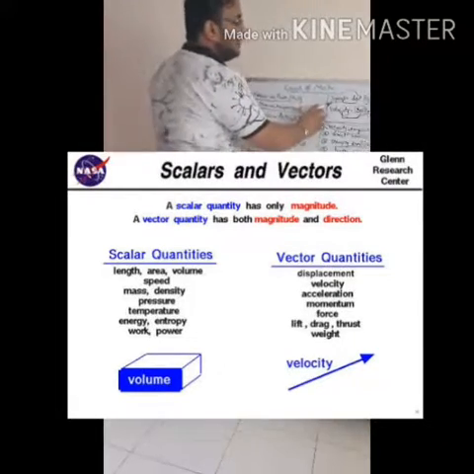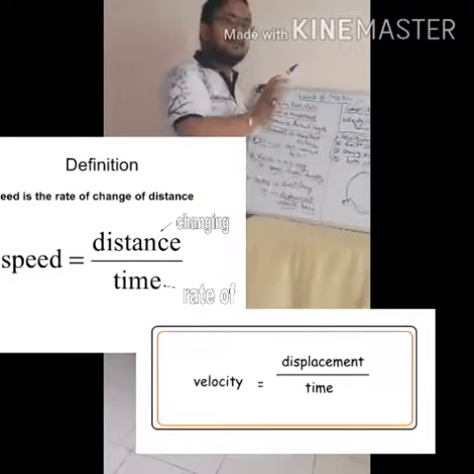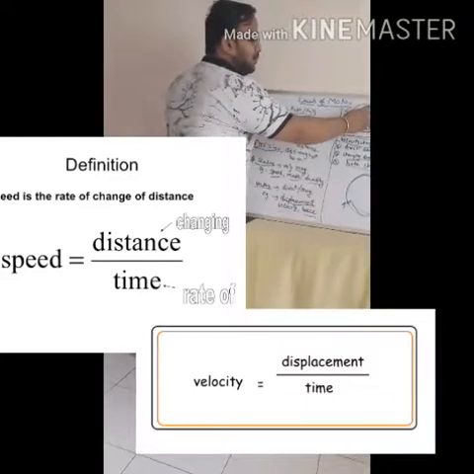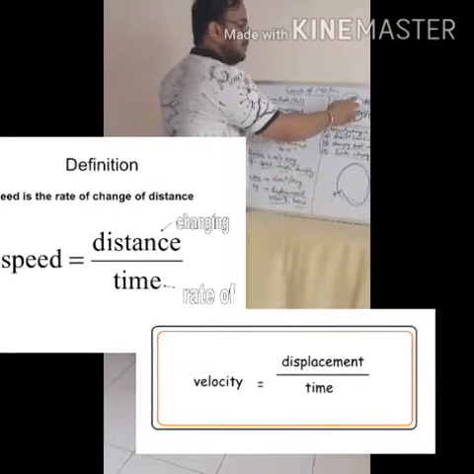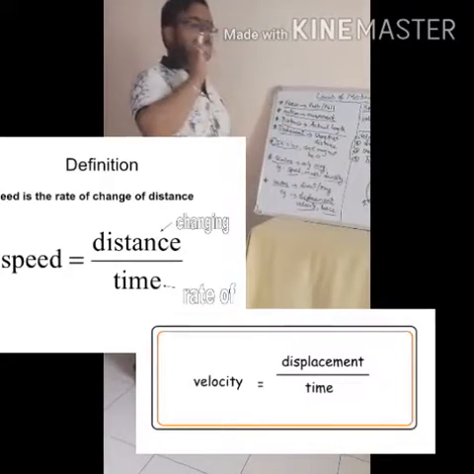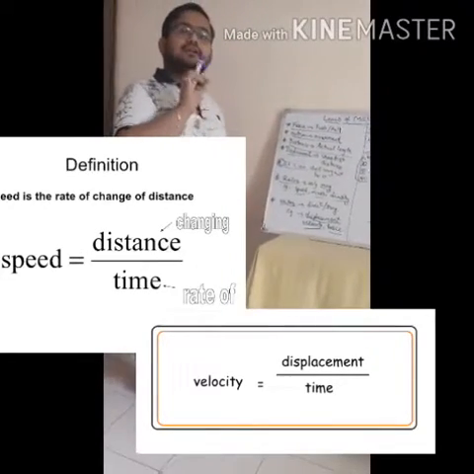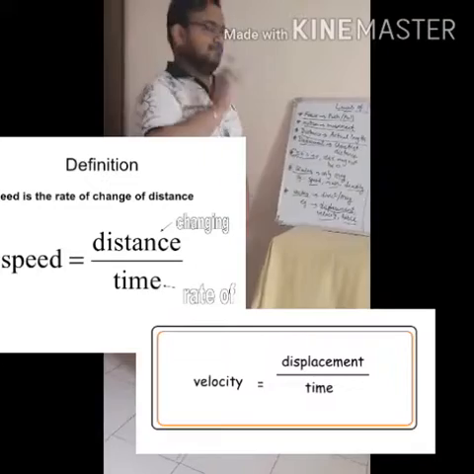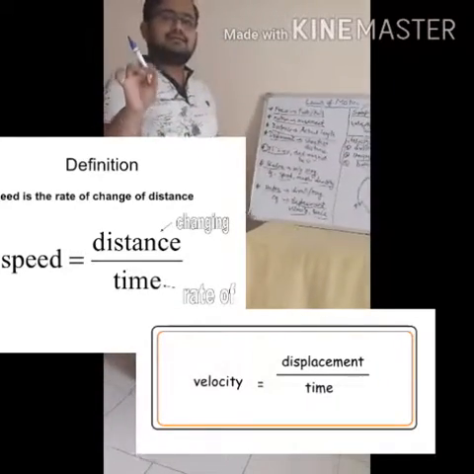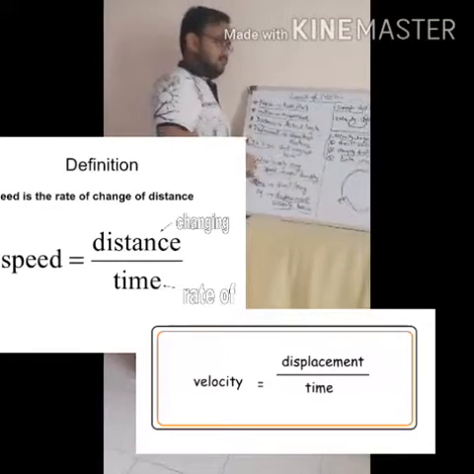Now speed is related to distance and velocity is related to displacement. Speed formula is distance upon time and velocity is displacement upon time. Distance travelled per unit time is called speed, and displacement occurring per unit time is called velocity.